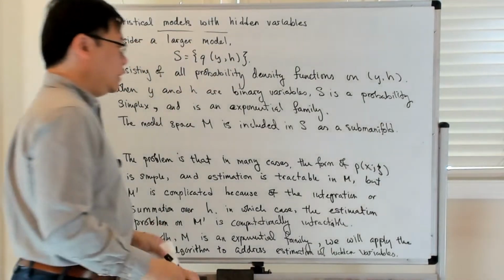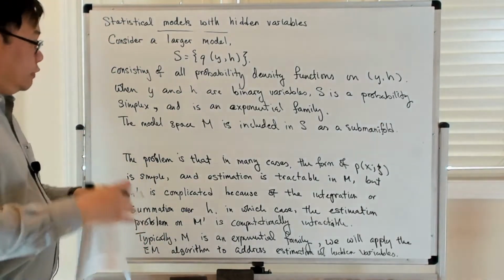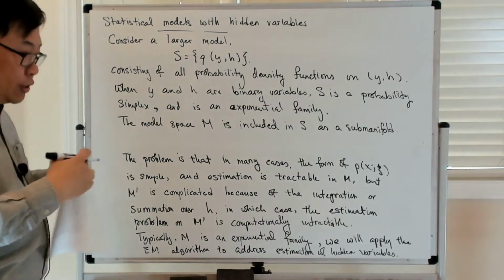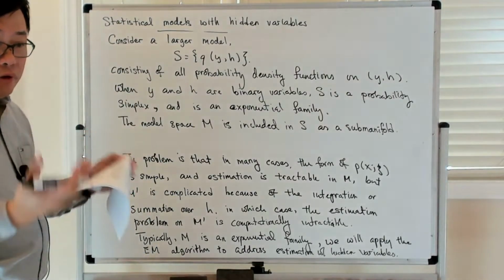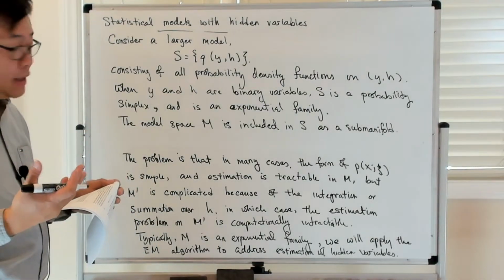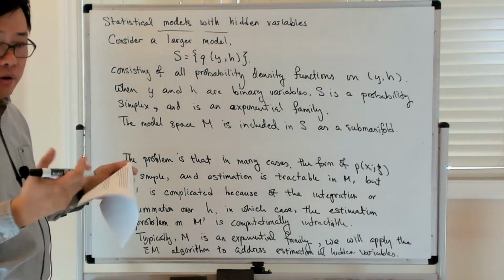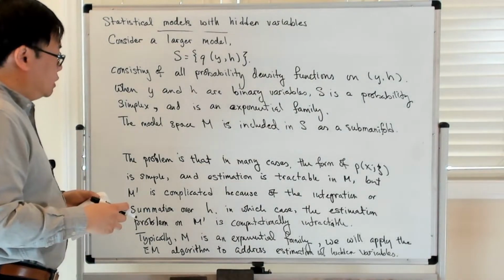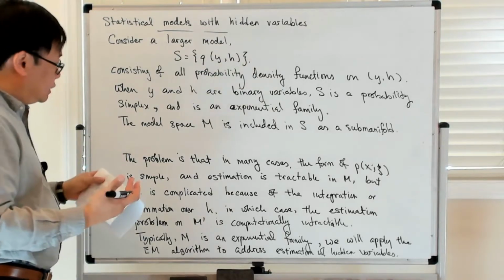So in essence, you have this statistical model space which you're working with, and you're going to embed it in the space of all probability distributions, viewed as an exponential family in some sense. And then we're in this situation where you have a curved submanifold of exponential families, in essence.